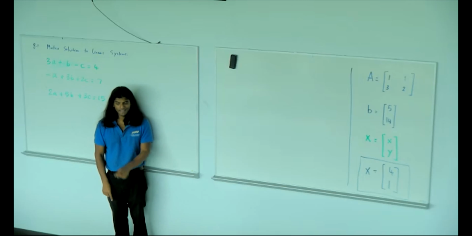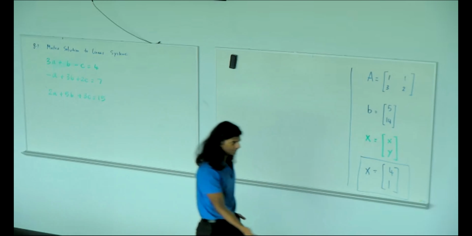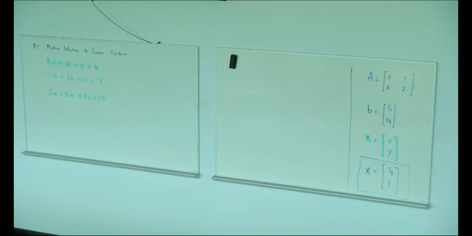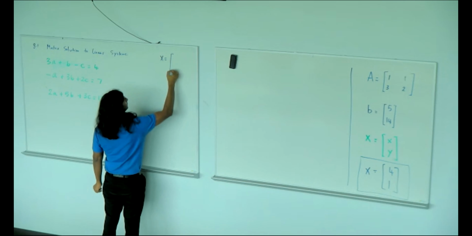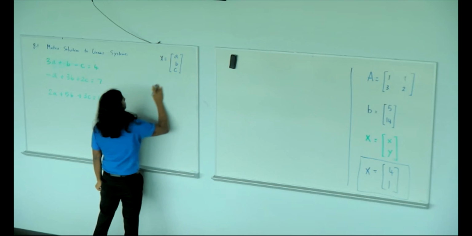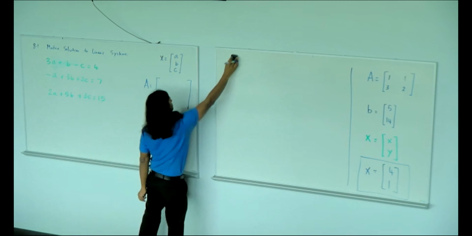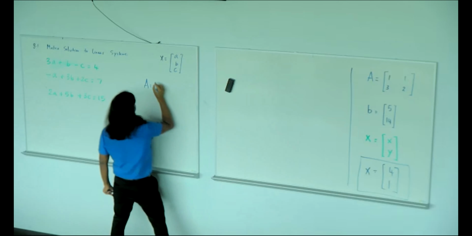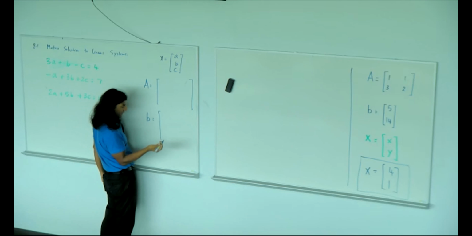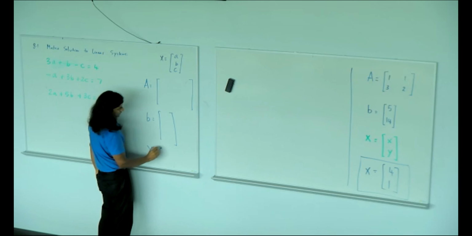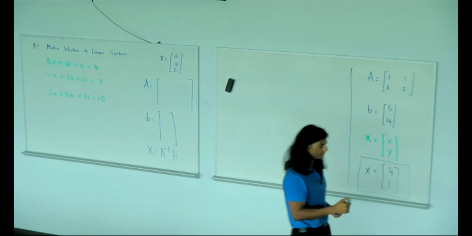Do A inverse B. Tell me what the solution is for A, B, C. In this case, your X vector will correspond to the unknown variables A, B, and C. I want you to come up with the matrix A, the matrix B vector, use that in the calculator and tell me what A, B, C are.